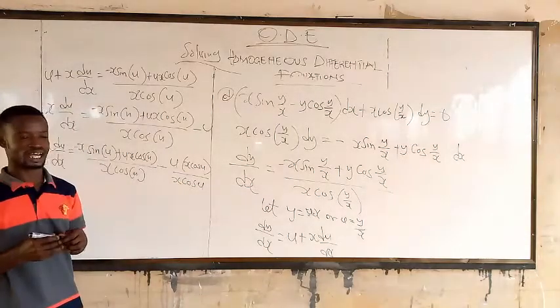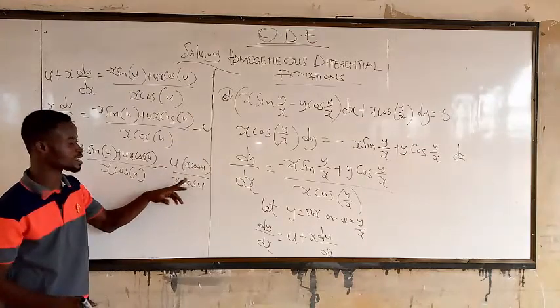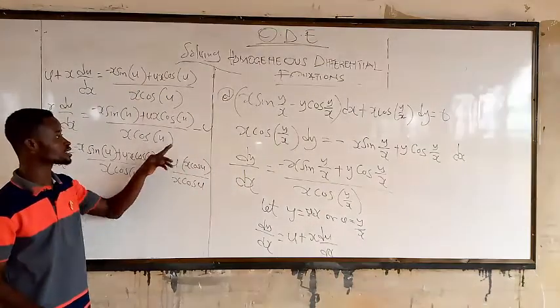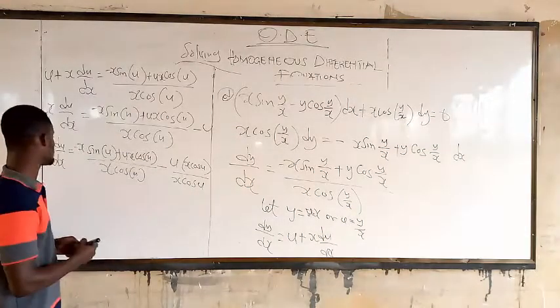Why are we doing that? This and this don't change anything because this cancels this and you get 1. 1 multiplying u is the same as u. But we want to achieve the same common denominator.